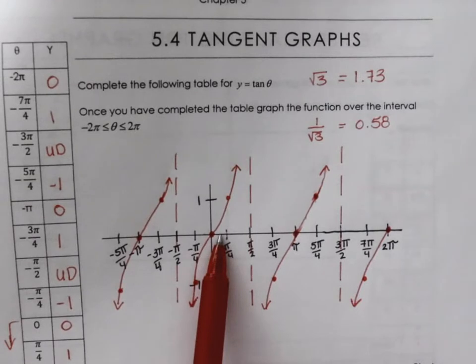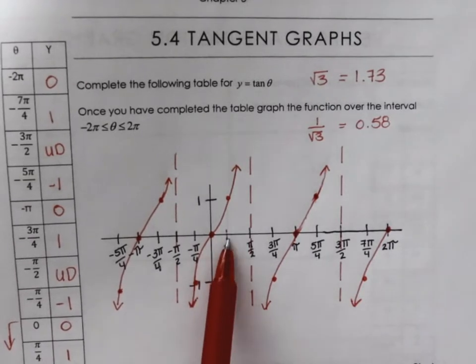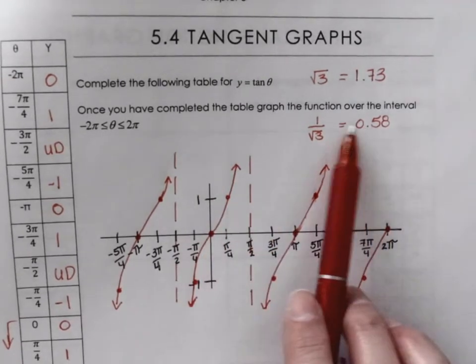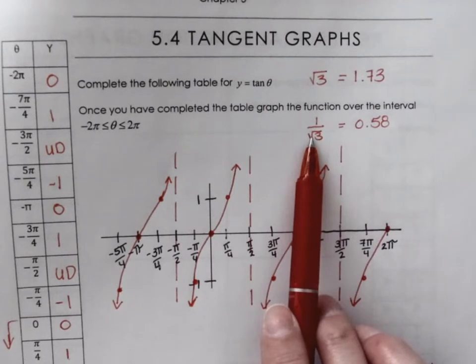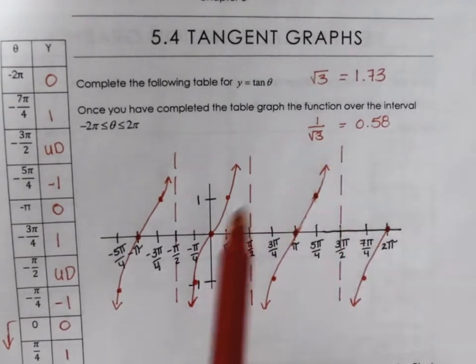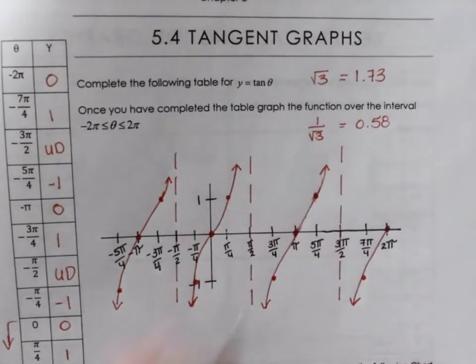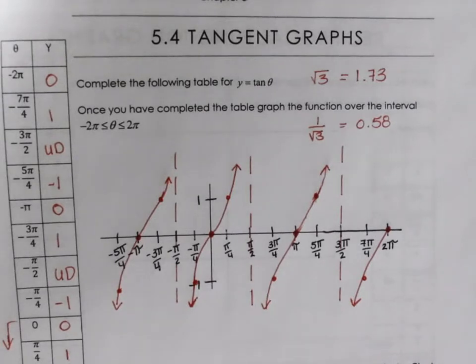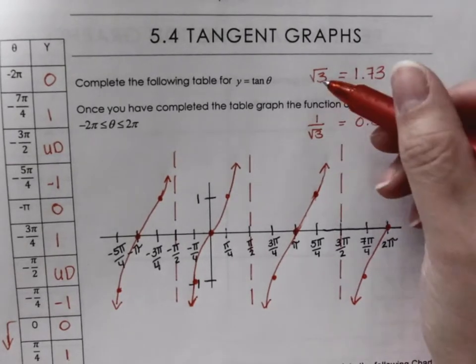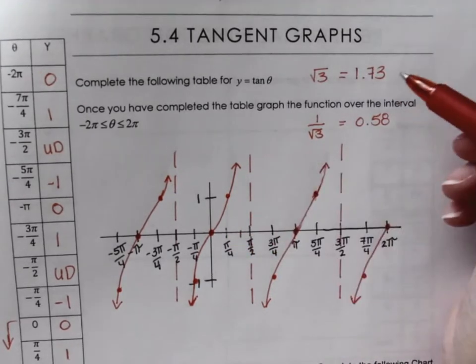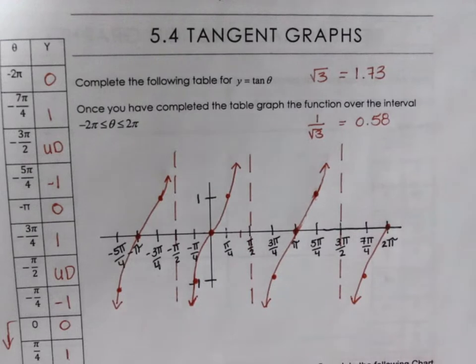On the unit circle? Pi over 6 is 30 degrees, pi over 4 is 45. So the tan value at pi over 6 is 1 over root 3, which is 0.58. So your value here, when it's broken down into thirds, should be a little bit more than halfway. Honestly, guys, we never graph the pi over 6s and pi over 3s, but just to give you an idea, at pi over 3, which is greater than pi over 4, you should be at almost 1.75.